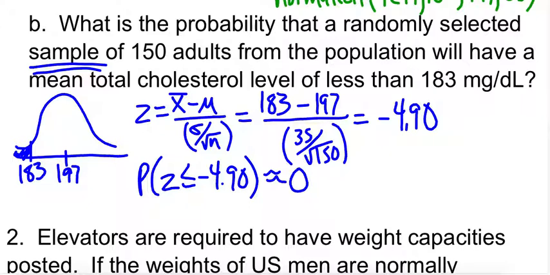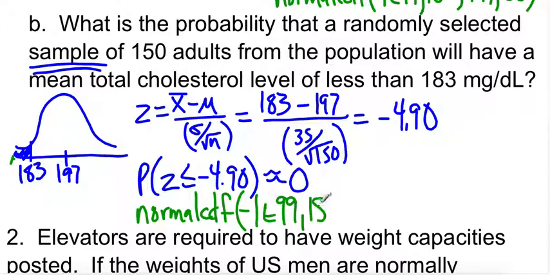Now, you can do this on your calculator as well. You're still going to do normal CDF. We're still going to go from negative infinity to 183, and our mu is still 197.